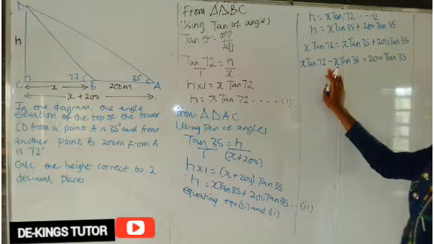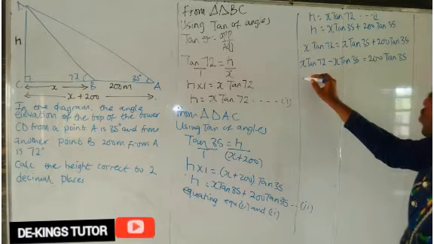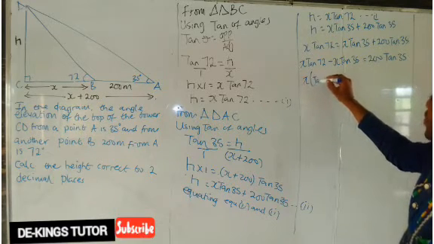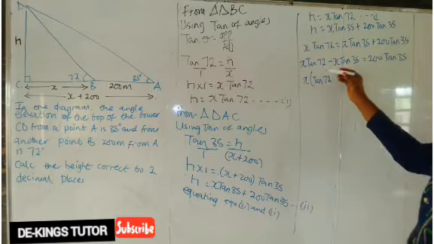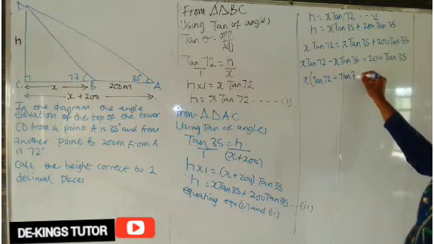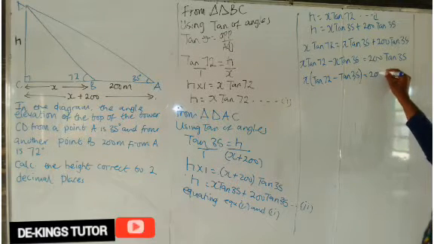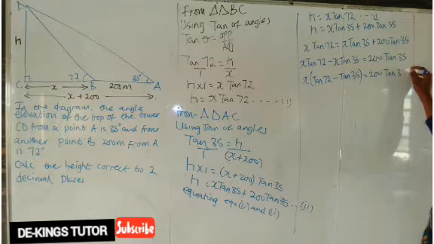Now from this we can factorize. We have x as common. We take one of it, we have tan 72 minus tan 35, which is equal to 200 tan 35.